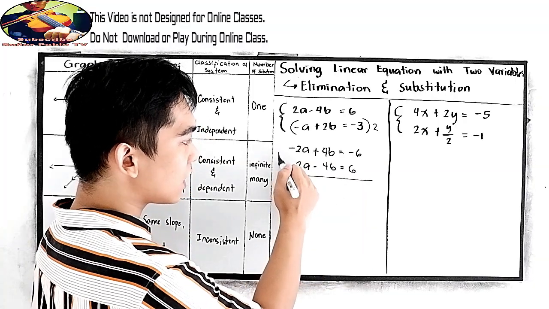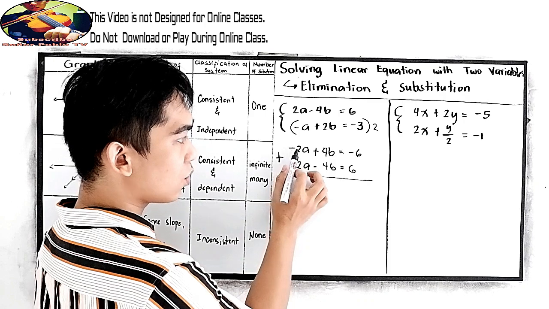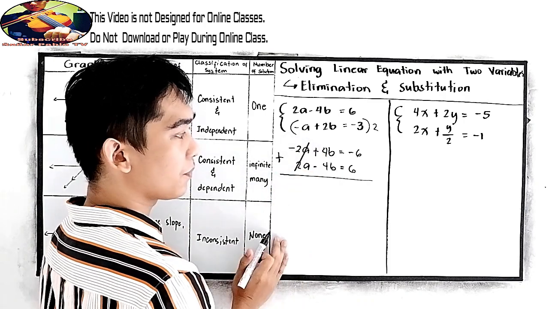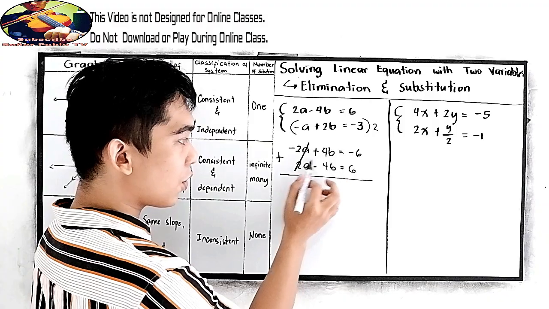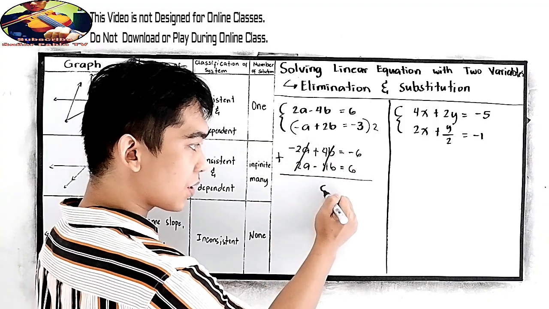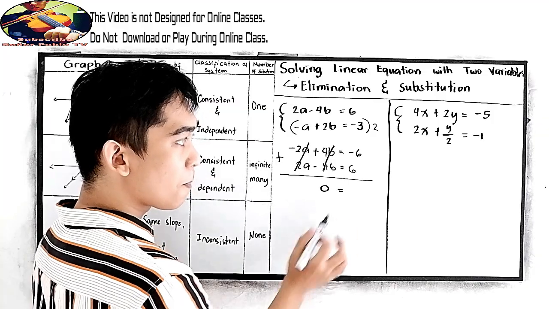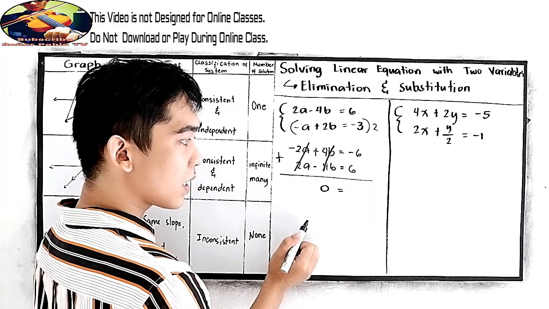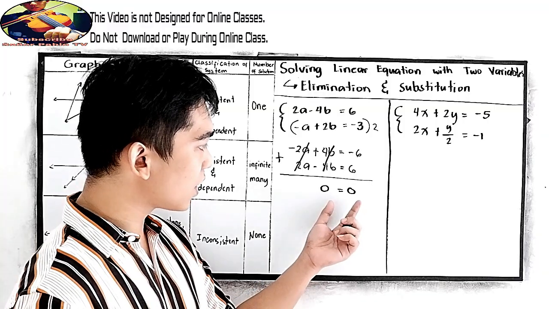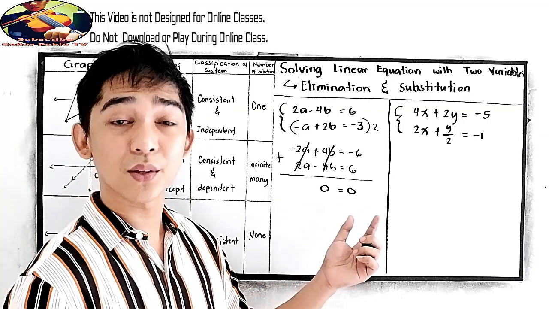We're going to add. 2a plus negative 2a, this is 0. Negative 4b plus 4b, this is also 0. So 0 is equal to negative 6 plus 6, which will also give us 0. So our equation will give us 0 is equal to 0.